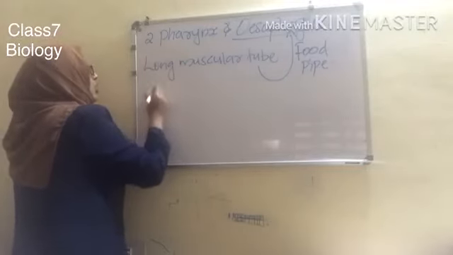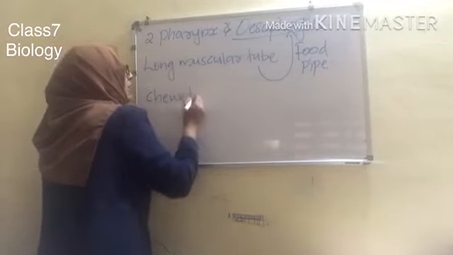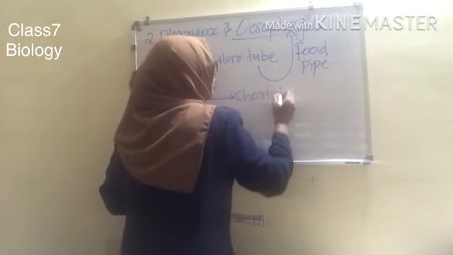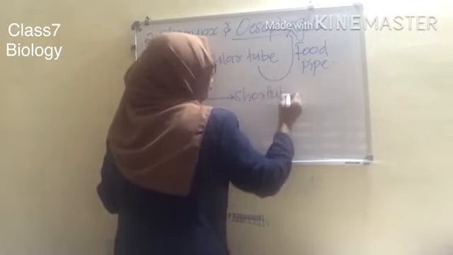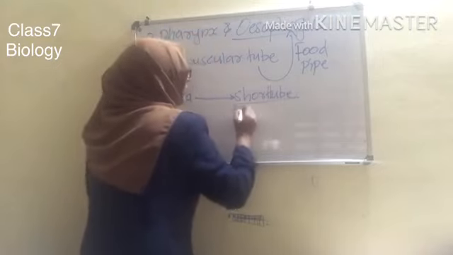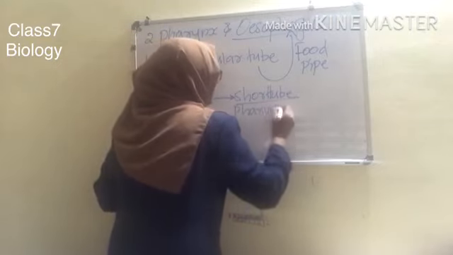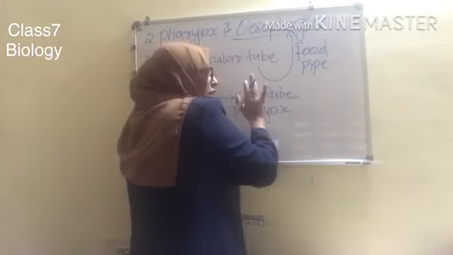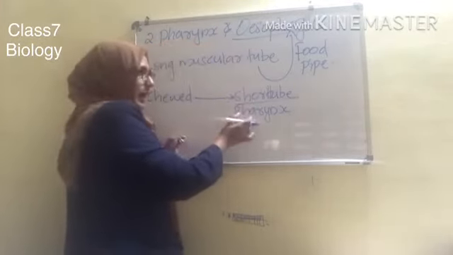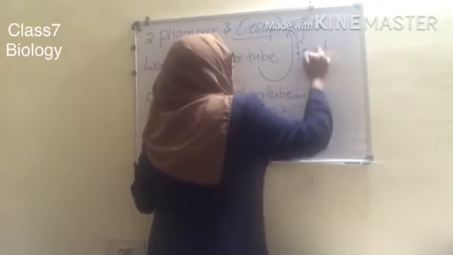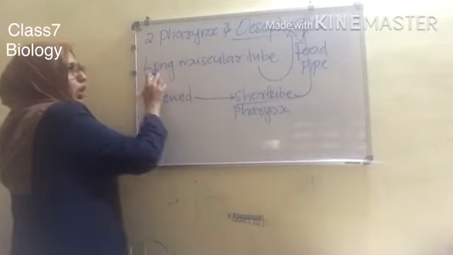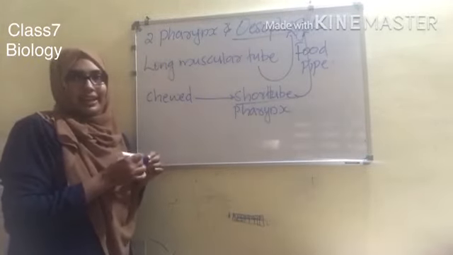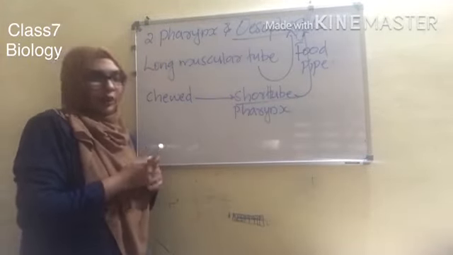The chewed food is passed first to a short tube known as pharynx. From the short tube, it will be passed to the long muscular tube known as esophagus. Clear? I hope it's clear to you.